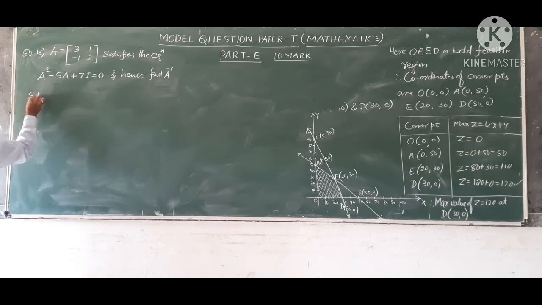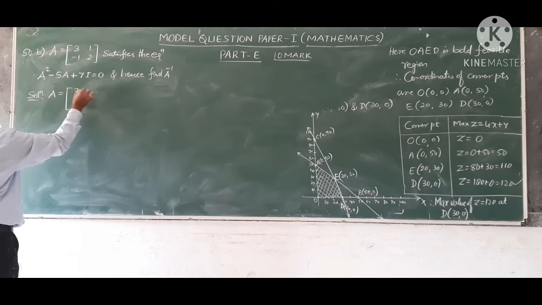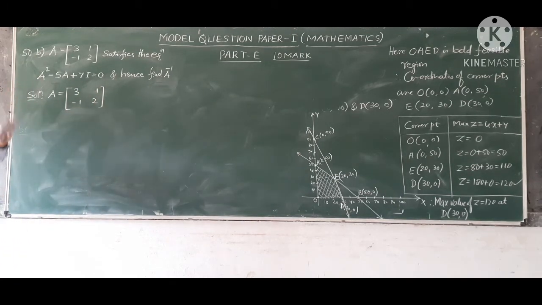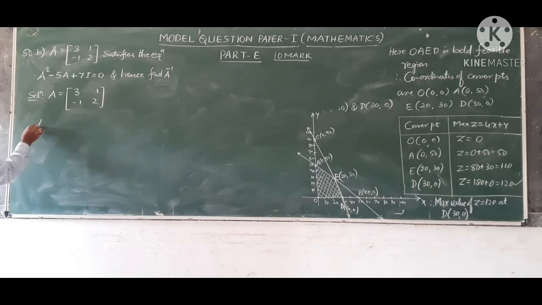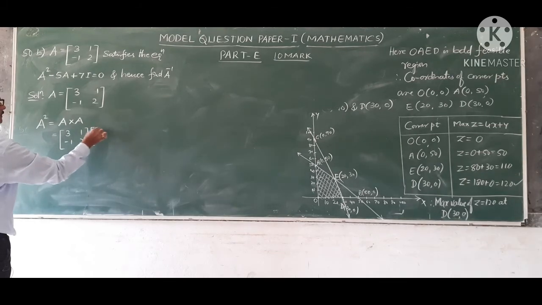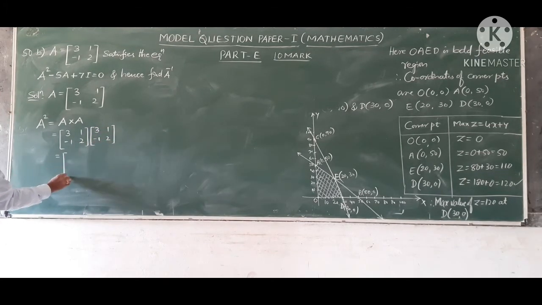Now here given data, A is the matrix 3 1 minus 1 2. To prove that A square minus 5A plus 7I, first find A square, which is the same as A into A, that is matrix 3 1 minus 1 2 into matrix 3 1 minus 1 2. Multiply those two matrices. How to multiply?